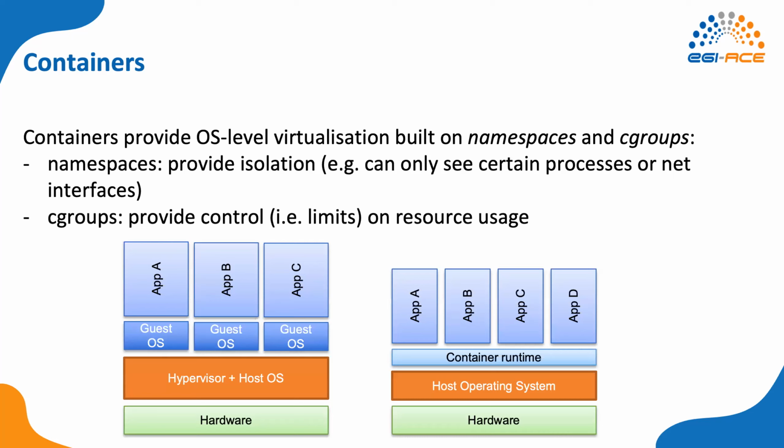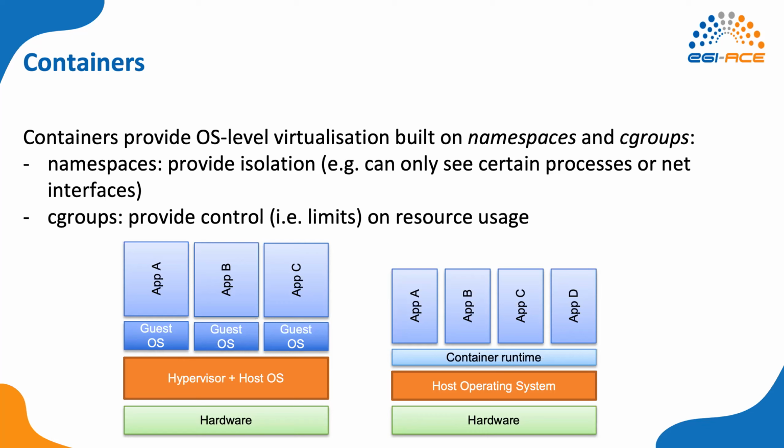Containers. I'm pretty sure most people know about them, but I think it's worth keeping a bit of an introduction of what we mean here by a container. A container is mostly virtualization at the operating system level, achieved by using the namespaces and cgroups features of the Linux kernel. Namespaces give you isolation, meaning, for example, if I start a process in a given namespace, it will not be able to see other processes, or all the different network interfaces available in the host.